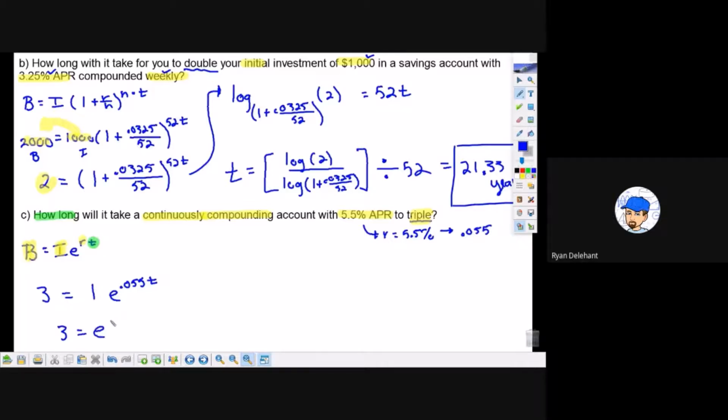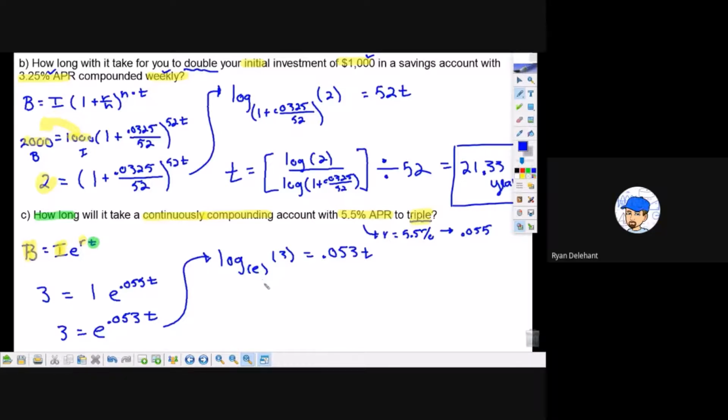Our exponential is this. So let's write that in log form. So our log is base E of 3 equals 0.055t. That's our conversion.